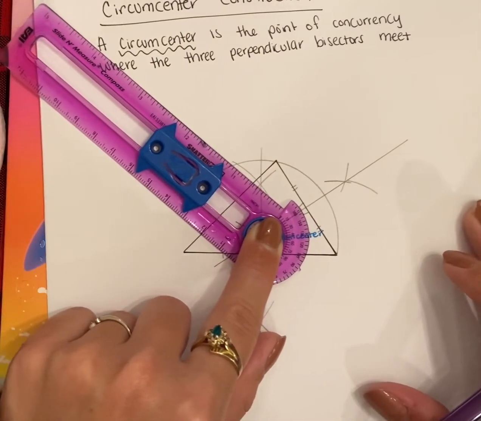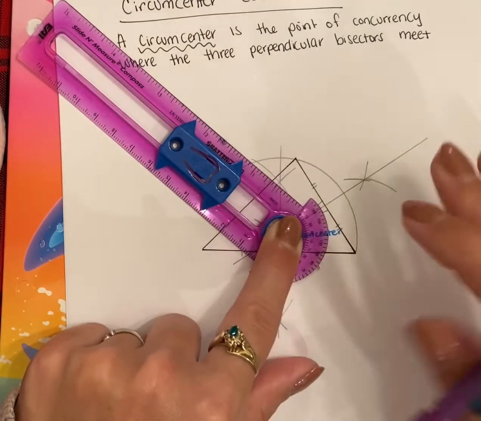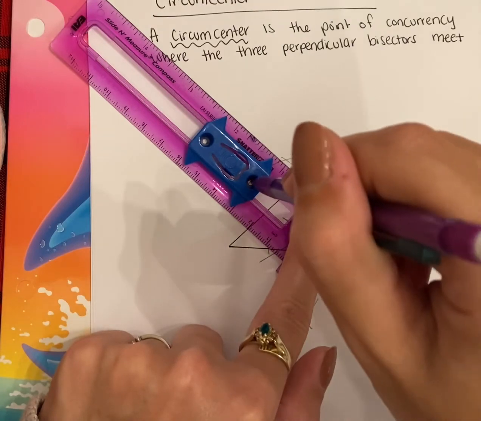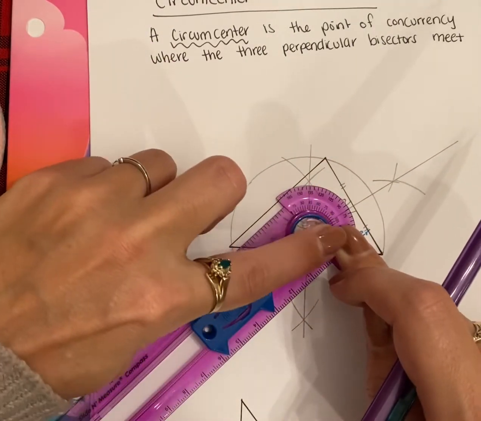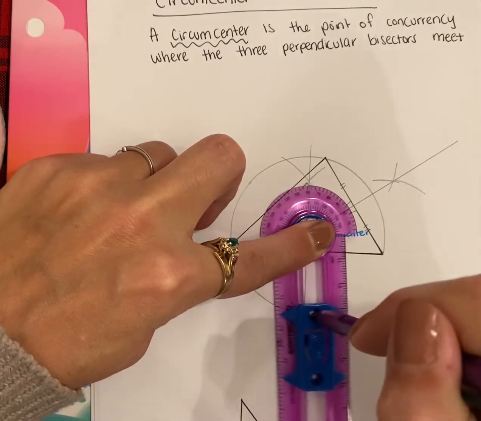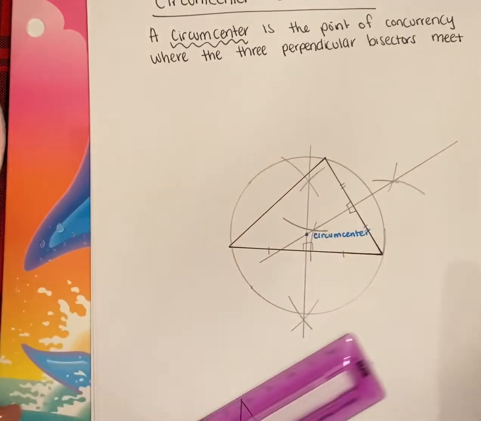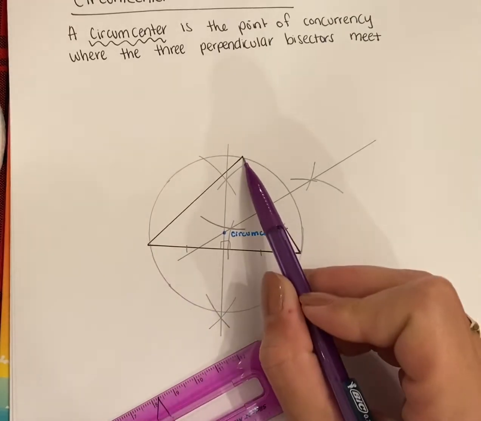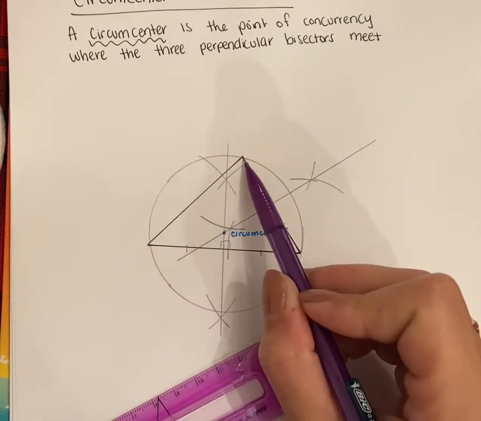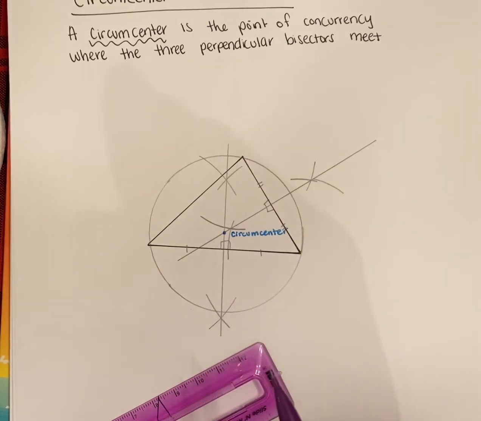Scoot this over. The more you do this, the better you'll get. But it should technically touch every single vertex. You can tell that this one's slightly off. This one's fine.